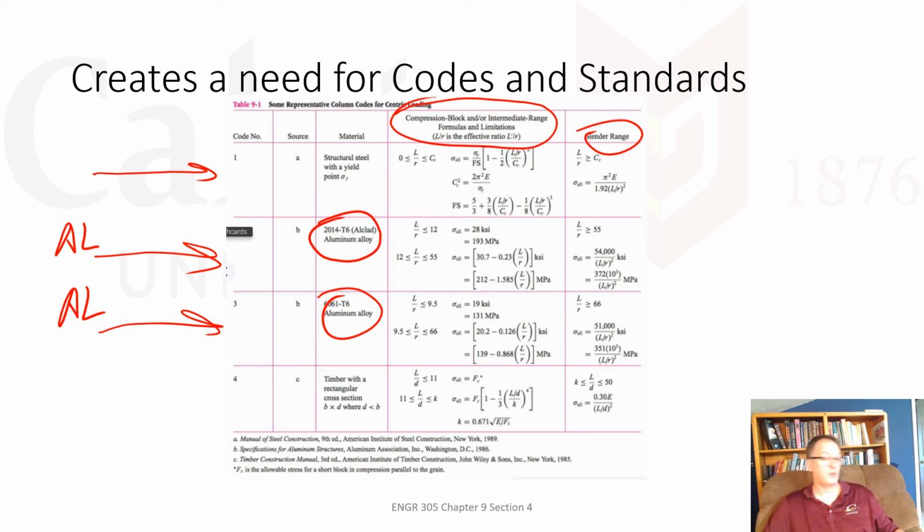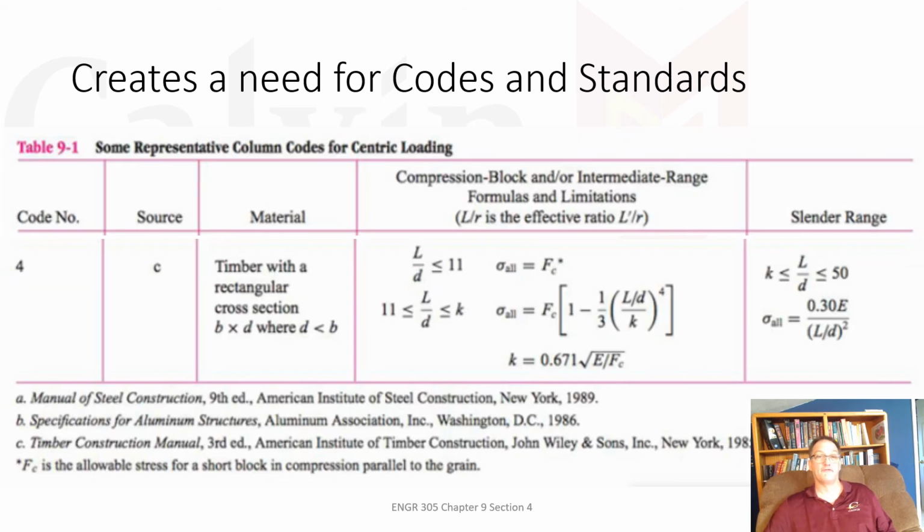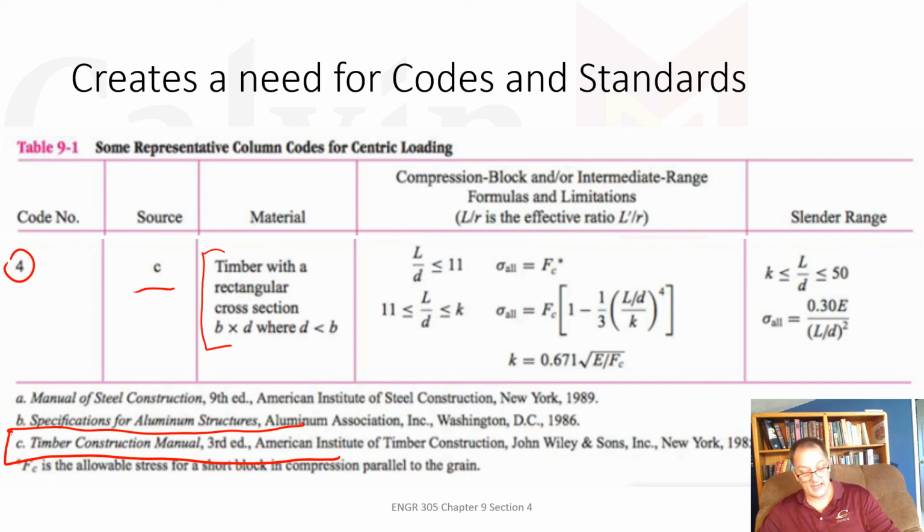Let's take a look at one example. For the wood, this is code number 4 that we're looking at. This is from the Timber Construction Manual. Know where your codes come from. So this is specifically what we've got. If L over D is less than 11, that defines short. Then I just use whatever the allowable load is.